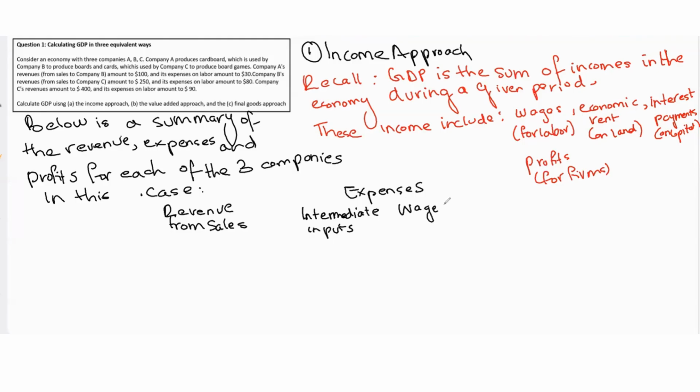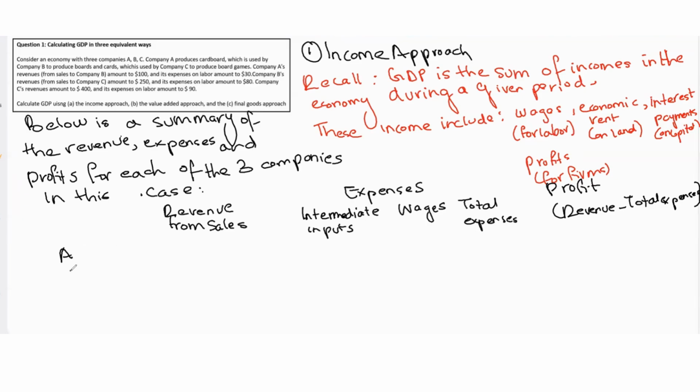These are the only two expenses in this case, either wages or intermediate inputs. And then we have total expenses. And then we have profit here. And profit is revenue minus total expenses. So this is how we're going to summarize the information that we have.